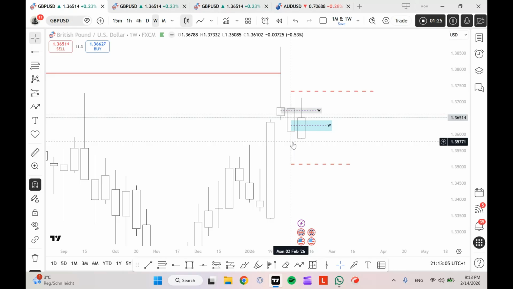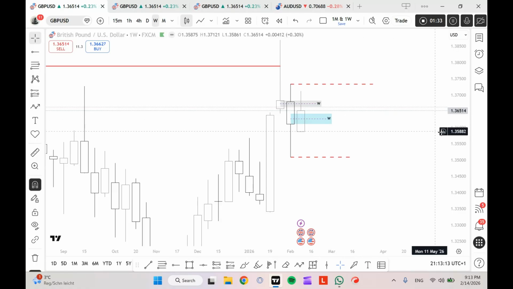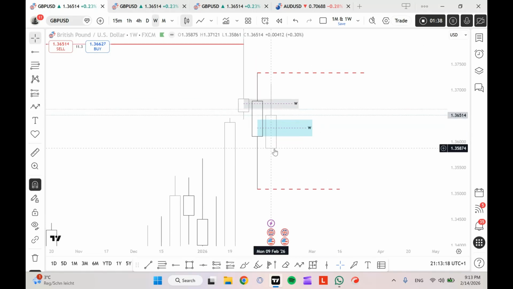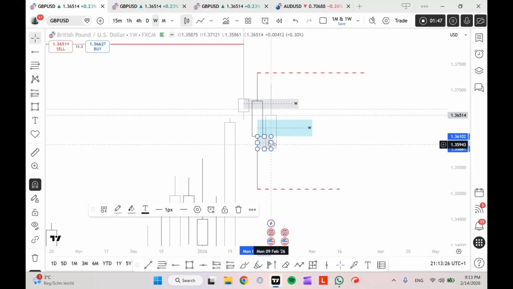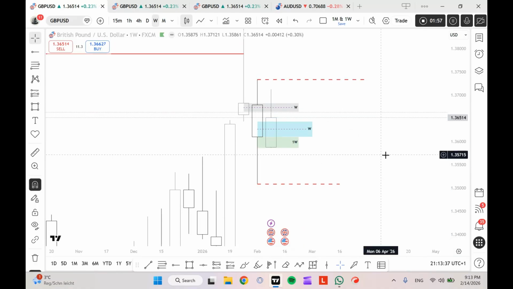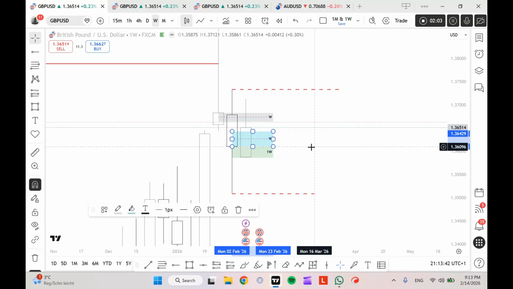Even though no liquidity was taken, this is still a bullish candle. This is still a gap in here, and this is still an inverse imbalance.